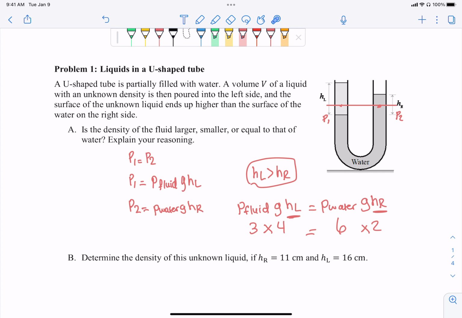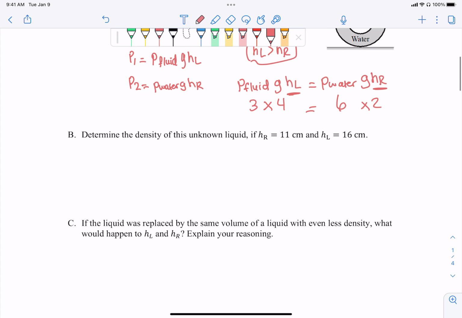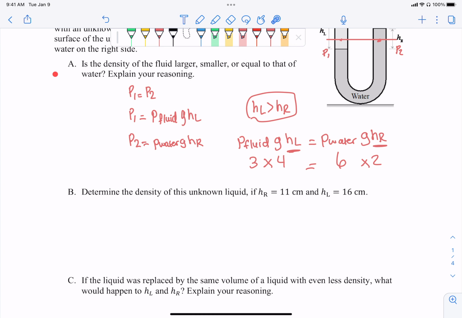The next part, part B, is asking us to determine the density of this unknown liquid if HR is equal to 11 centimeters and HL is equal to 16 centimeters. So this is just going to build on what we did for part A. We know g, HL and HR, and we know the density of water, a constant, 1,000 kilograms per meter cubed.